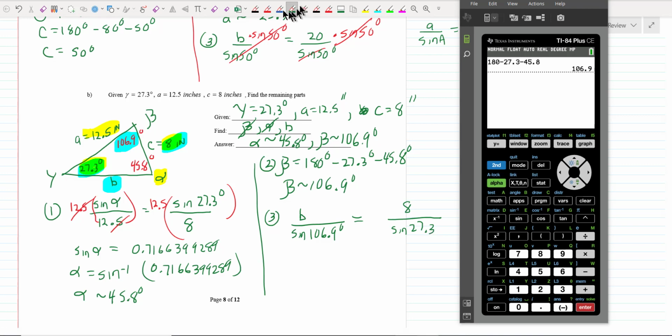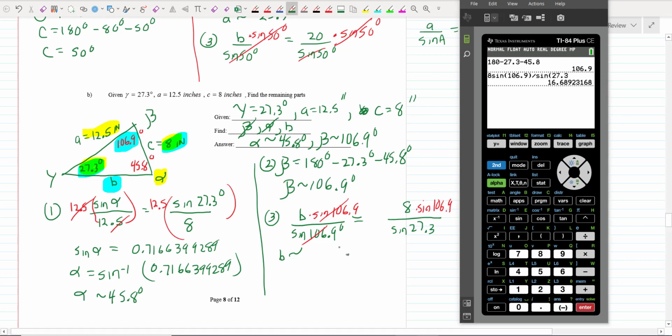To solve this, I just need to multiply both sides by the sine of 106.9, and then go to my calculator. So side B is going to be 8 times the sine of 106.9, divided by the sine of 27.3.